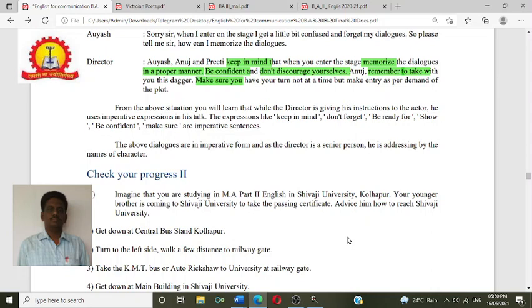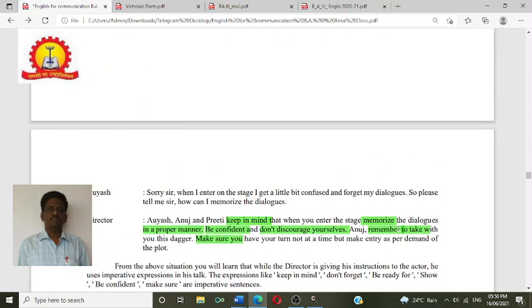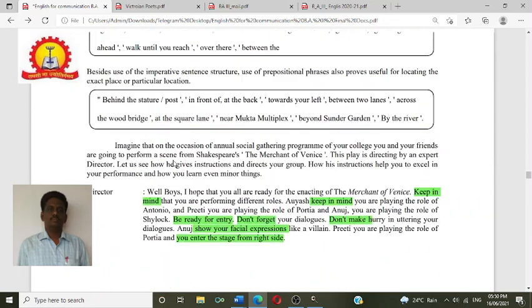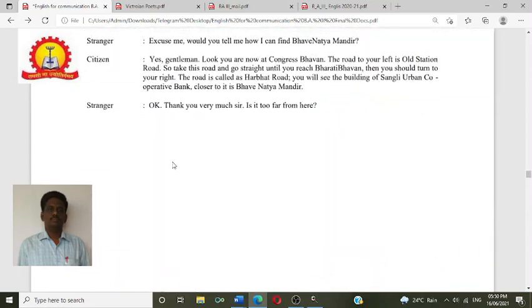So this is a small conversation between the group of people and the director. The above dialogue is in imperative form, and as the director is the senior person, he is addressing them by the names of the characters. So this is giving instructions.